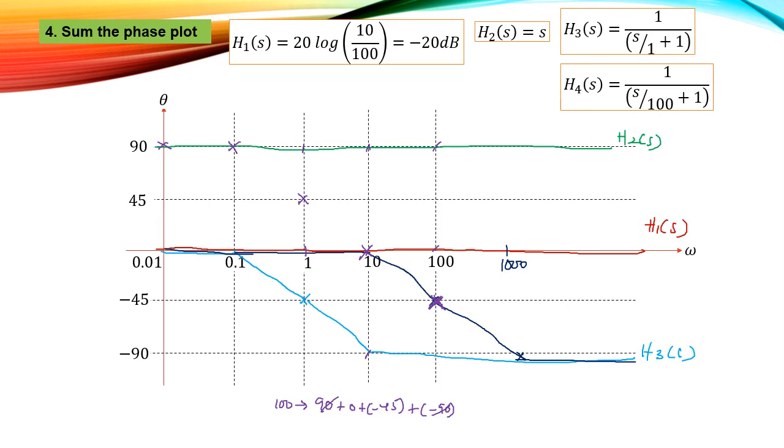And then at 1000, you have 90 degree plus 0, and then minus 90, and then minus 90 again. Why minus 90? Because you have the dark blue line minus 90 and the light blue color minus 90, so you get minus 90. Okay, so now connect them all.